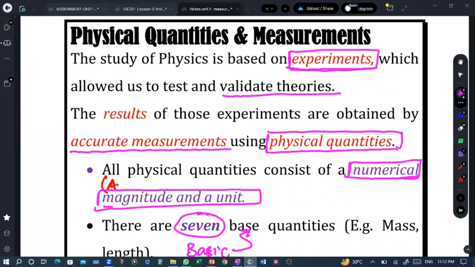I told you that in any experiment, when we relate that experiment in terms of results, those results are represented in terms of physical quantities, and all physical quantities consist of some numerical value and magnitude. This is really important: all physical quantities are measurable things, and they consist of magnitude, numerical value, and unit.